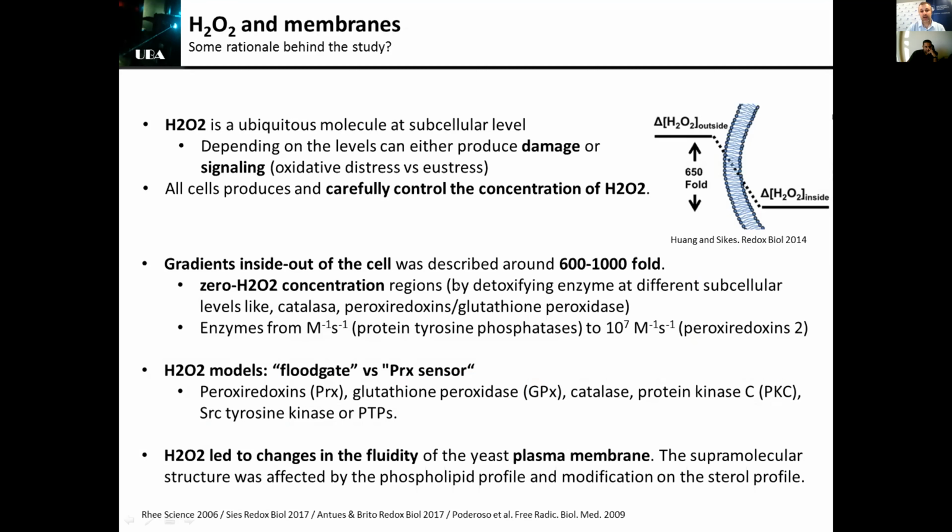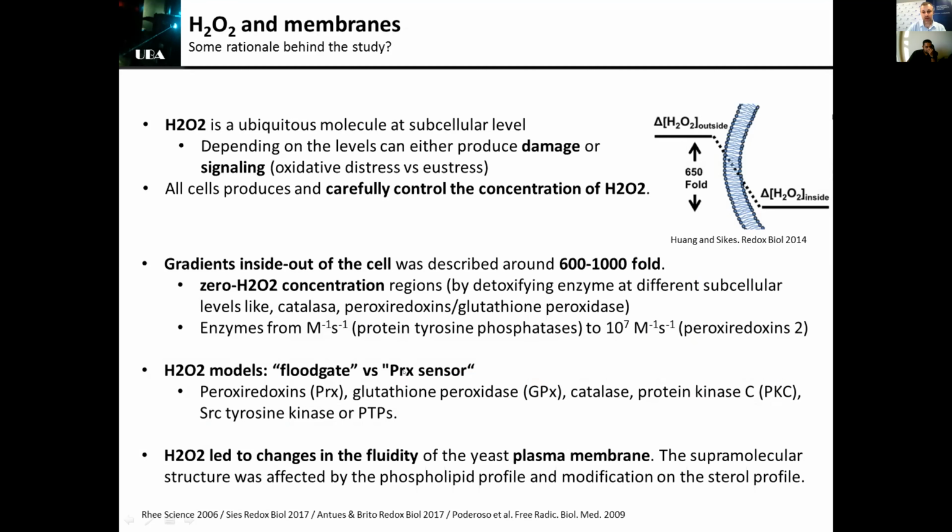For this region, you have a bunch of different enzymes that can reduce hydrogen peroxide with different KDs. In particular, there is a group of enzymes called peroxiredoxins. They were mentioned in the beginning lecture today in the morning, because there is an important group here, work led by Anna De Nicola, that studies the reactions of this enzyme with different oxidants, which can react up to the limit of diffusion.